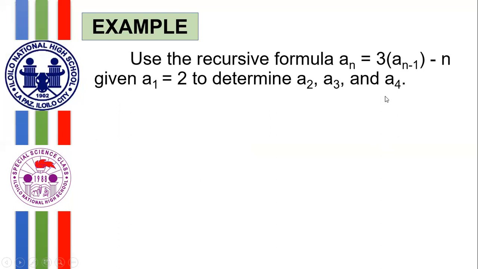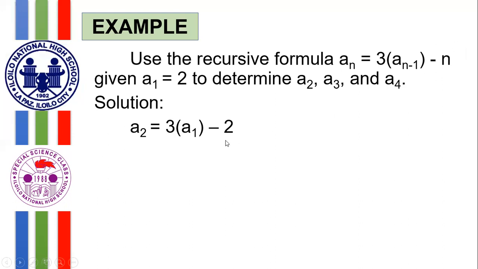Using a similar manner, we're looking for a sub 2, so we will replace all n's by 2. So you have a sub 2 equals 3 times a sub 2 minus 1, or a sub 1, minus 2. Remember, all n's have to be replaced by 2.